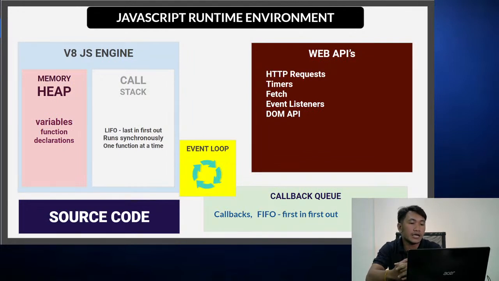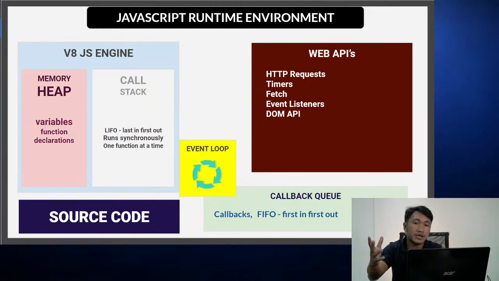It was a shock to me that the V8 JavaScript engine does not include the web API, callback queue, and even the event loop, which are outside the JavaScript engine. The JavaScript engine only has two parts: the memory heap and the call stack.